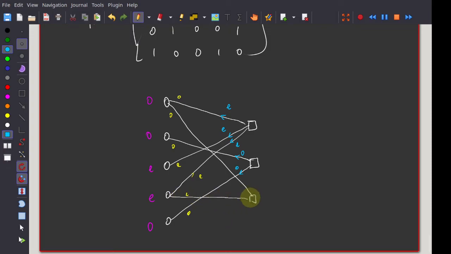One of the incoming messages is an erasure, so this outgoing message is also erasure. Agree? What about this one? There's one other neighbor, and the incoming message is a 0, so this is going to be 0.